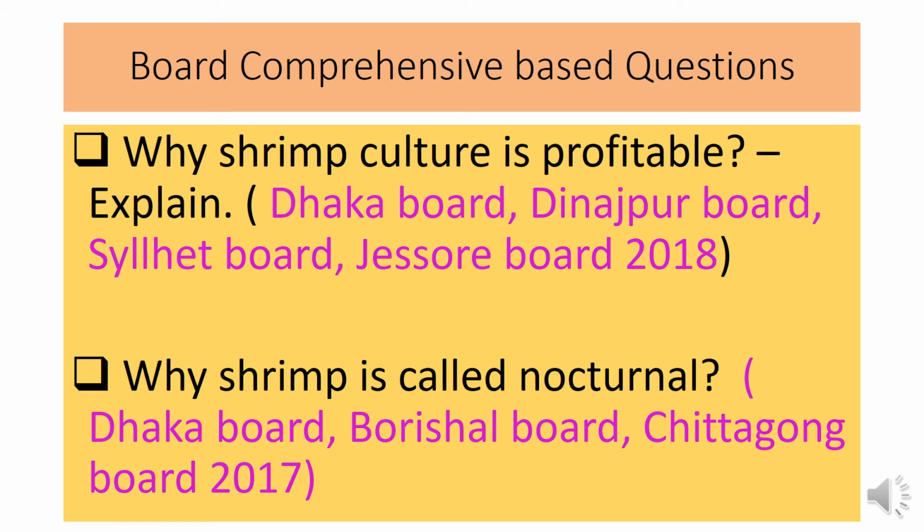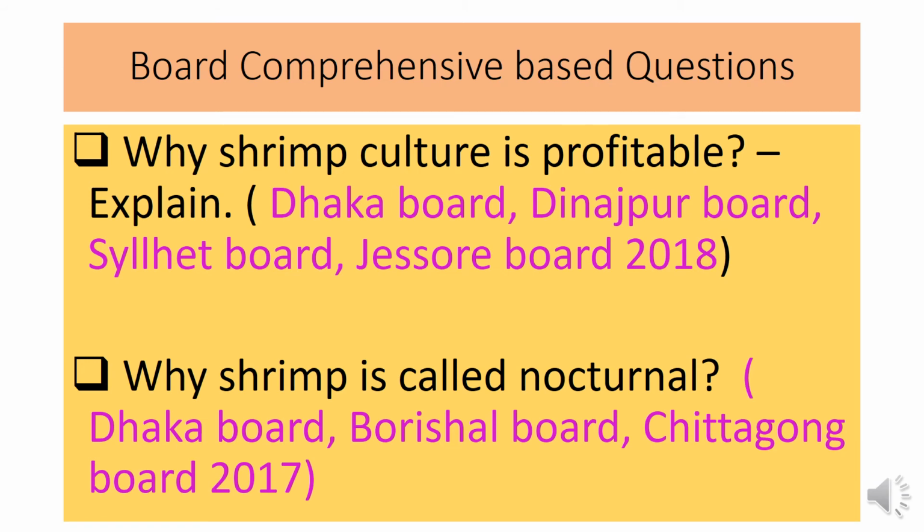If anyone wants to establish a shrimp farm, he can easily collect the shrimp fries and culture them. Shrimp demand in the local and abroad market is very high. Export income of shrimp is also very high, and for all of these reasons shrimp culture is profitable.